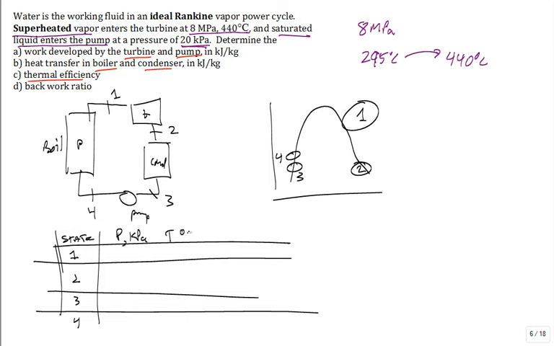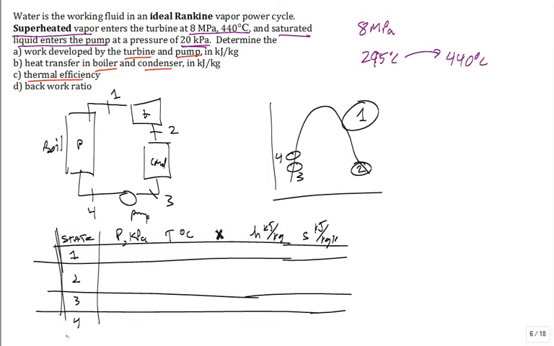Temperature, degree C, Kelvin, either one, or both. Quality, I like to put there somewhere. And then I sometimes will put specific volume, sometimes not. I don't really need it. Enthalpy in kilojoules per kilogram and entropy in kilojoules per kilogram Kelvin. I know that I'm going to be playing with those properties, H and S.